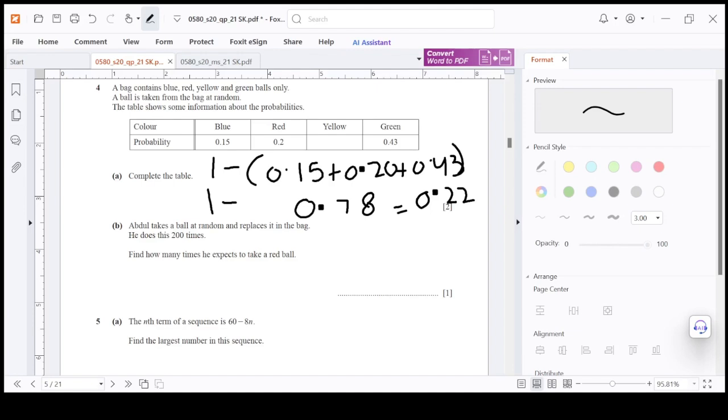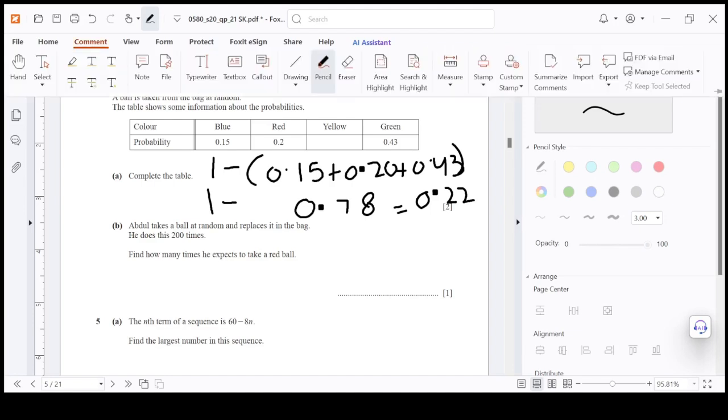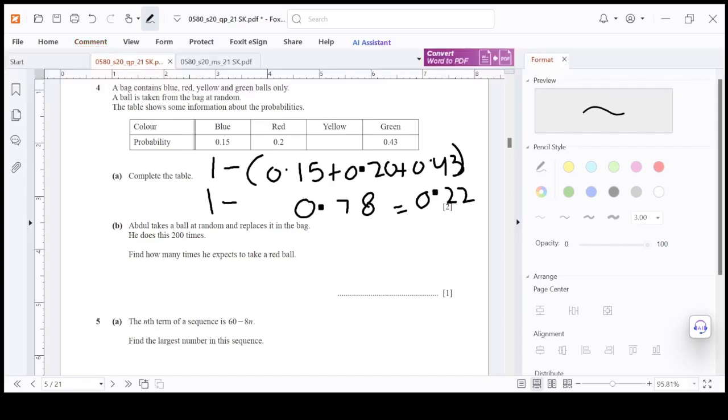Abdul takes a ball at random and replaces it in the bag. He does this 200 times. How many times does he expect to take a red ball? Okay, so in such questions, when they use the word expects and they give you a number like 200 times, you use the probability expectation equals np. n is the number, and p is the probability of the event mentioned.